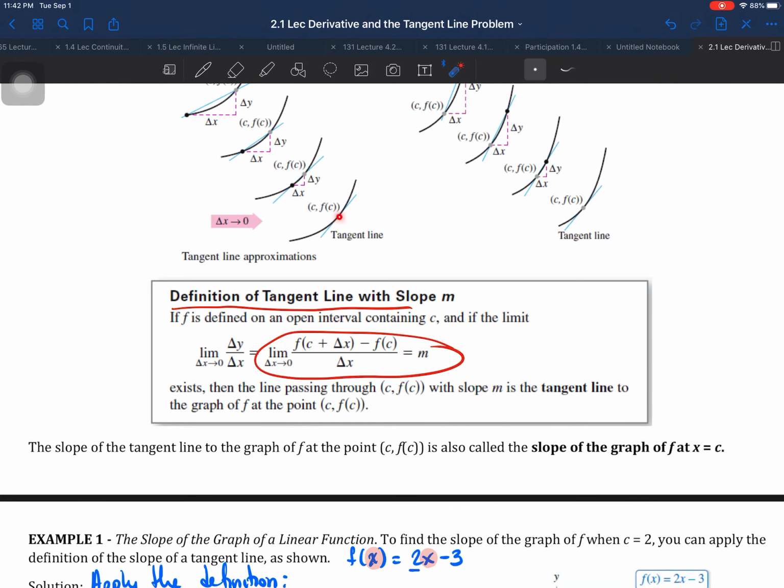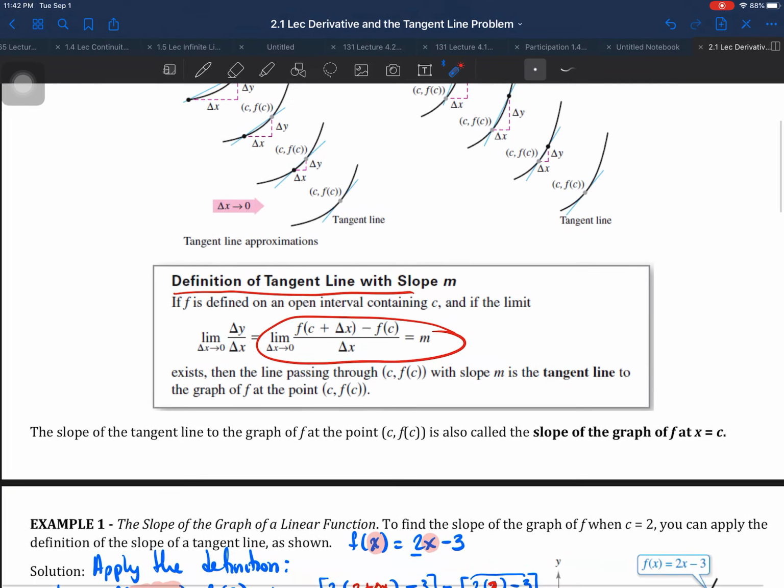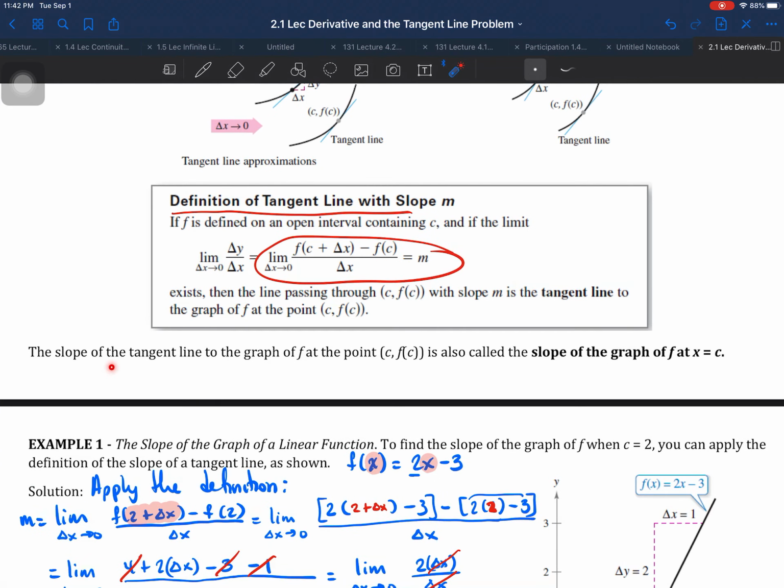But what we also know is that this line has the same slope as this graph at that point. We're going to talk about that more in particular. And in fact, they're saying here that the slope of the tangent line to the graph of f at that single point is also called the slope of the graph of f at that same point.